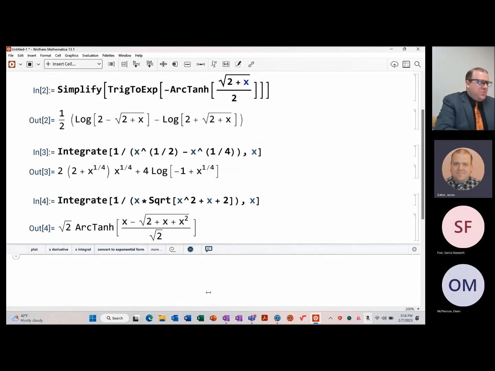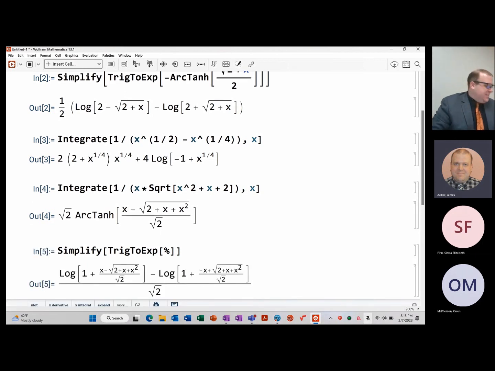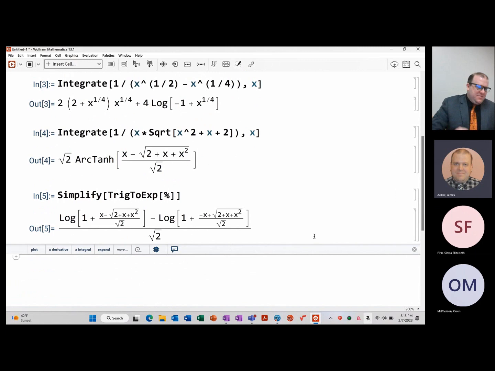This should theoretically work. Simplify to exponential. Now I should just be able to put a percent in there. Ha! It did. Sometimes that doesn't work, I don't know why. The percent is just going to recall its last output.